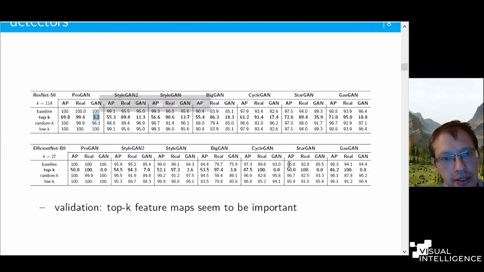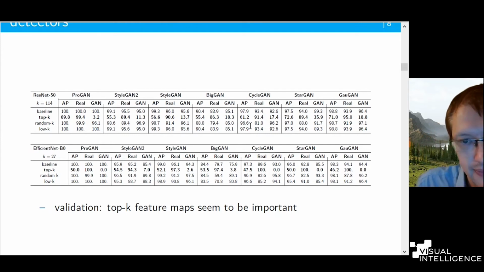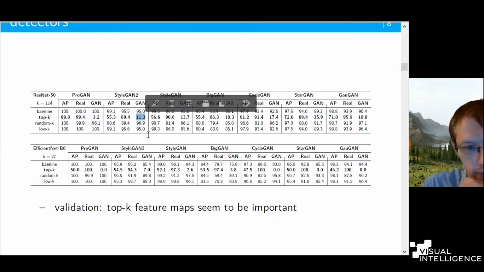And if you do this on some other deepfake generators, we see the same. StyleGAN 2, little drop on real, a heavy drop on the generated ones. And the same for all others. So if we drop out the LRP found channels, we see a very high decrease in detection accuracy on the generated images.